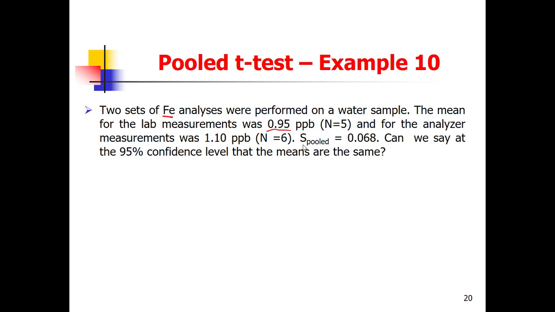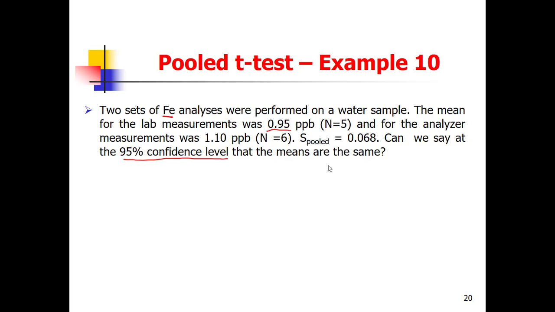S pooled is already given to you, you don't need to calculate it. Can we say at 95% confidence level that the means are the same? Here I'm saying the means are the same. This is your null hypothesis, but what we see is that the lab measurement mean is smaller than the analyzer measurement mean. But here it is saying no, it's the same.